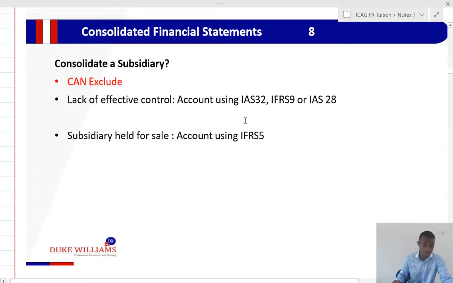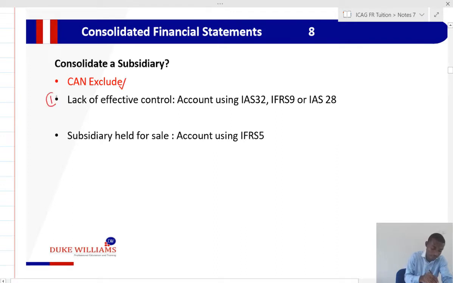Now, the rules governing the consolidation is that under the IFRS 10, a parent should consolidate a subsidiary. However, a parent can exclude or is allowed not to consolidate a subsidiary when two things happen.